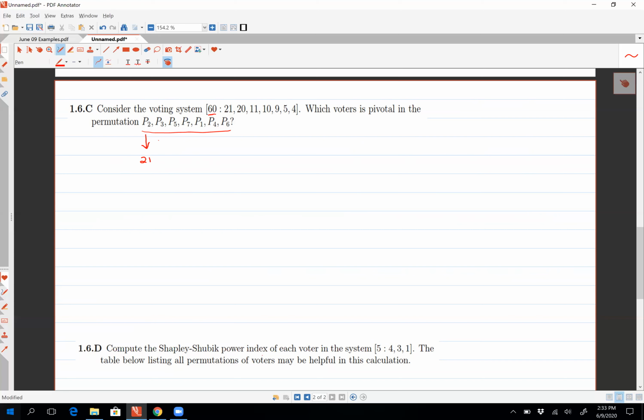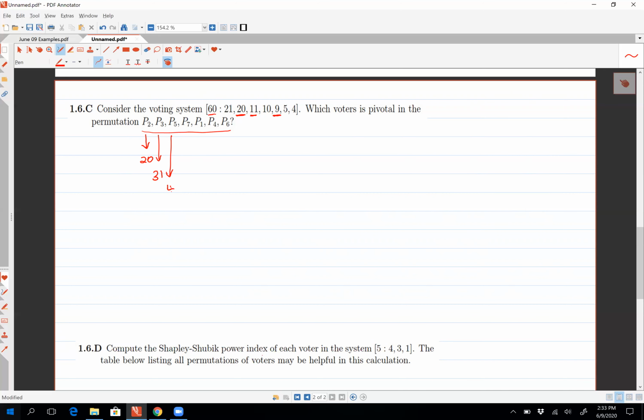If both P2 and P3 vote yes, there would be a total of 31 votes. Still not enough. P5 adds another 9 votes.